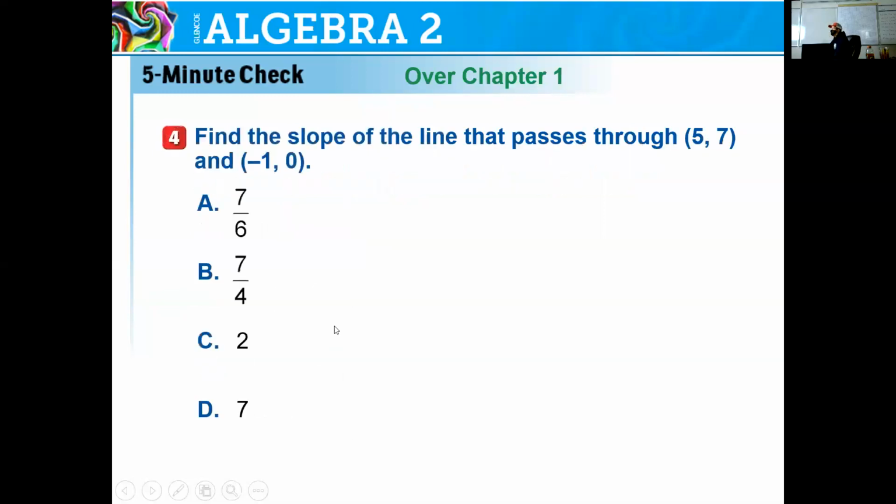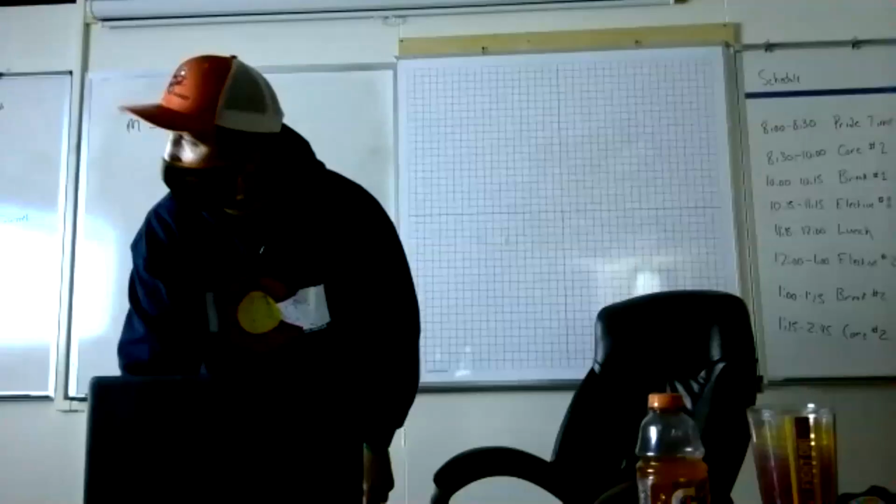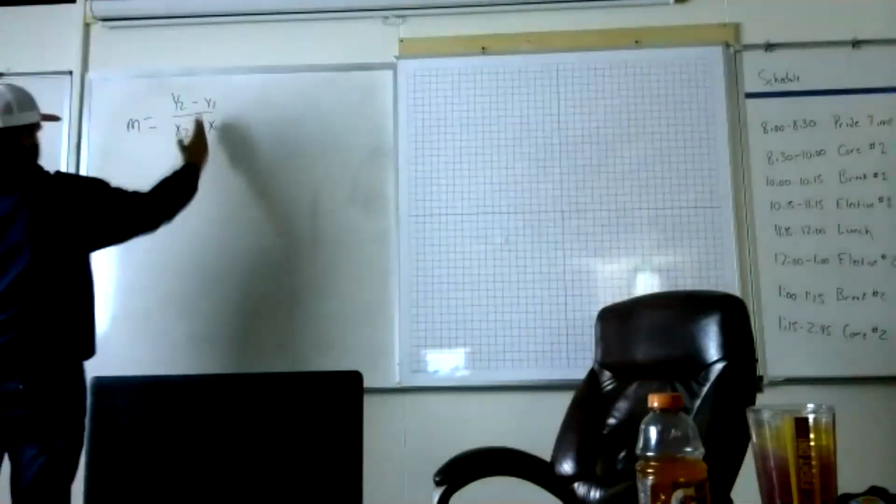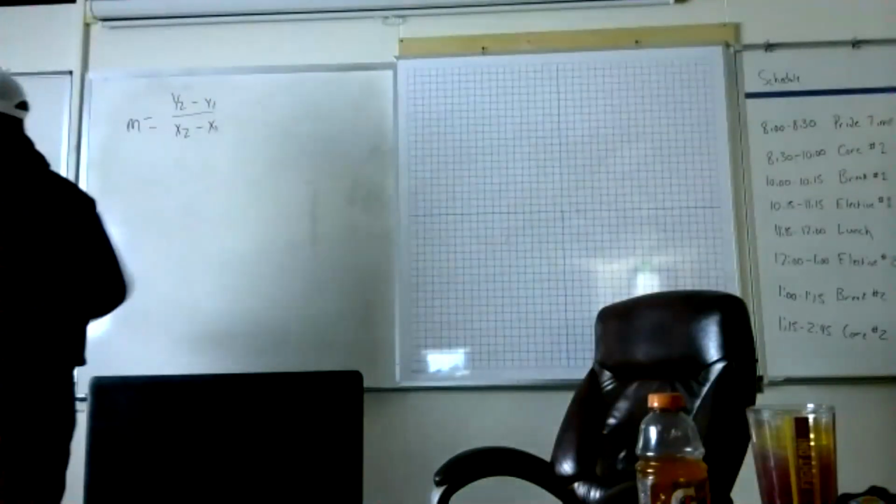Number 4, find the slope of a line that passes through 5, 7 and negative 1, 0. Requires you to use the slope formula, which is M is equal to y2 minus y1 divided by x2 minus x1. And remember, it doesn't necessarily matter which one you choose for x2 and y2, as long as they are paired up as you're going down.